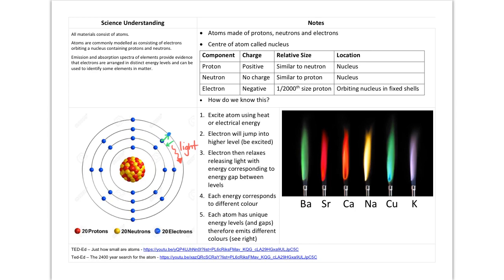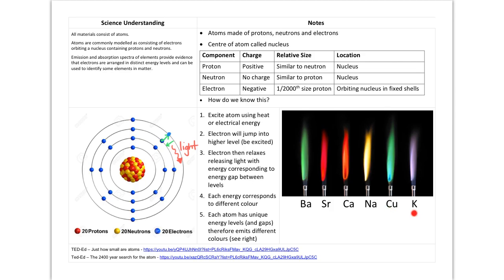So what we also know is that each atom has unique energy levels, and therefore unique gaps between these energy levels, and therefore will emit different colours of light. So if we heat up barium, we get this green light. If we heat up strontium, we get this very dark, intense red light. Calcium gives a brighter brick type red. Sodium looks a bit yellow in this diagram, but it gives more of a yellowy orange. Copper will give off a green colour light.